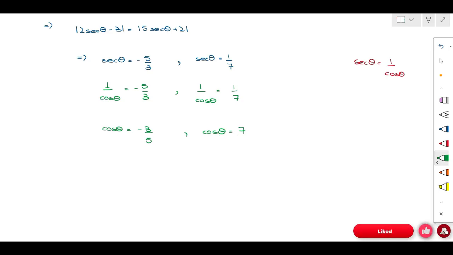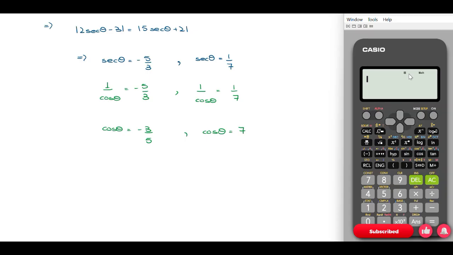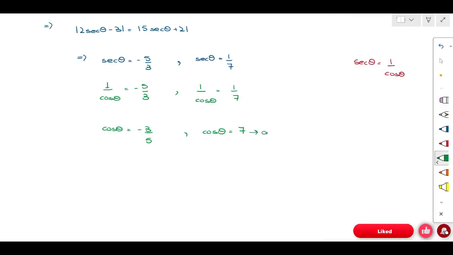So cos inverse of 7, if you can do in radians. My calculator is in degree mode. Cos inverse 7, there is no solution. This does not exist, and the reason is because the range of cos theta must lie between minus 1 and plus 1.